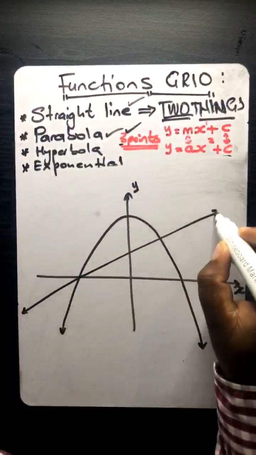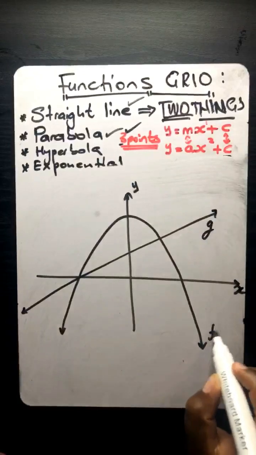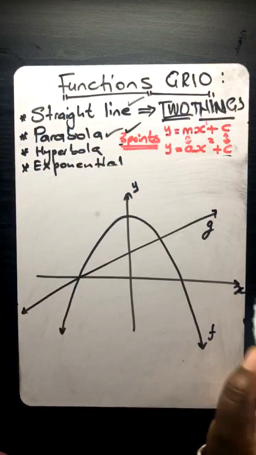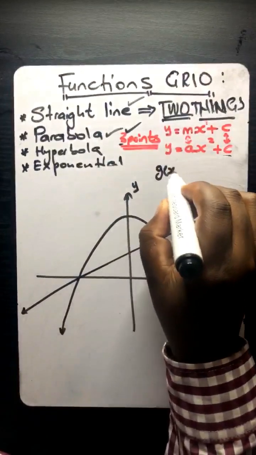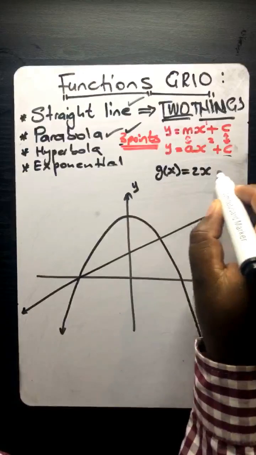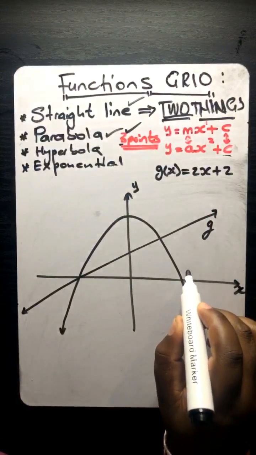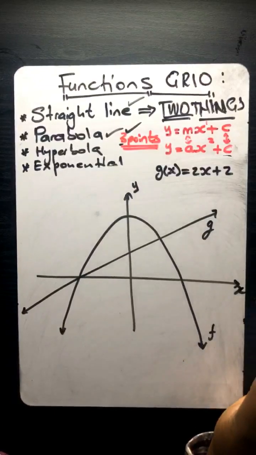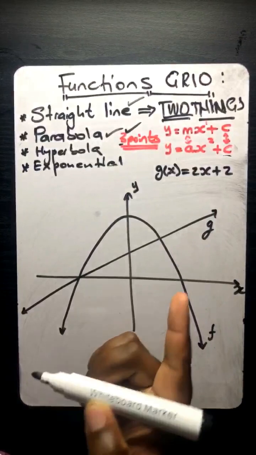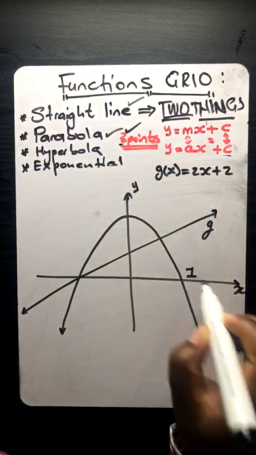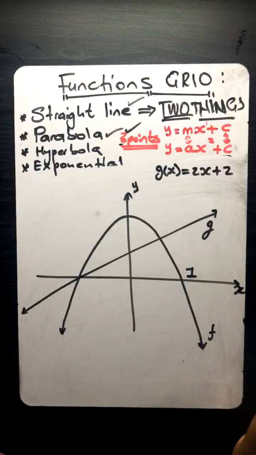So they would normally give you two functions. Say this is the graph of G and then this is F. Let's say the examiner can say you are given two functions where one is G of X, which is equal to 2X, let's say, plus 2. And then maybe they say this is 1.